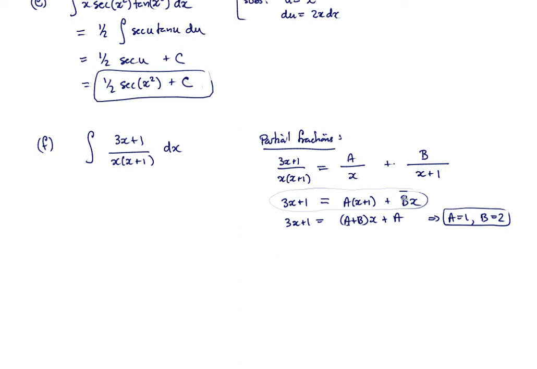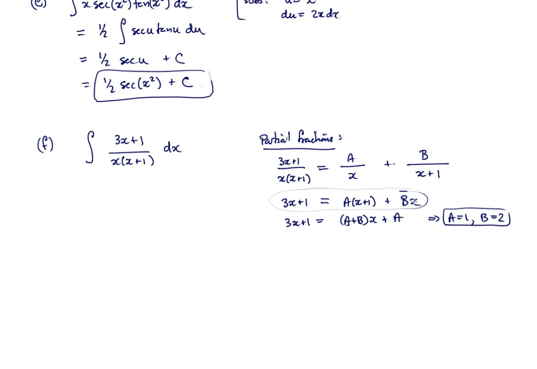So for example, when x equals 0, if I plug 0 into the left side, I get 1. If I plug 0 into the right side, I get a. So a has to be 1. And similarly, if I plug -1 into both sides, I'm choosing -1 because that would make this term go to 0 and have only the b survive. So if I put -1 in, that gives me a -2 over here and a negative b over here.